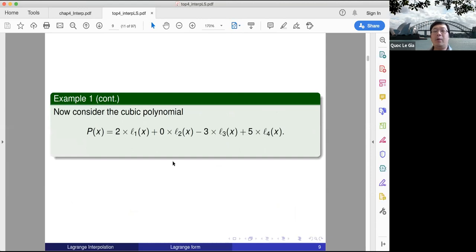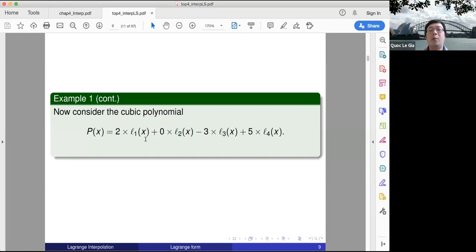So now suppose I put in x equals 0. If I put in x equals 0, then L1 at 0 equals 1, and you get 2. And L2 at 0 equals 0, L3 at 0 equals 0, L4 at 0 equals 0.